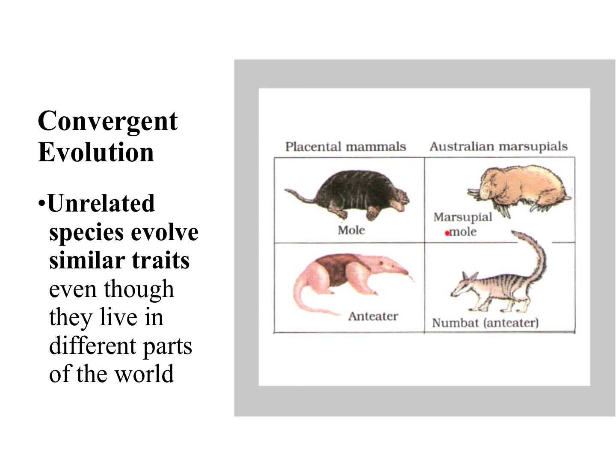So here we have the mole and then the marsupial mole. They have evolved in completely different parts of the world. They have a different evolutionary history. But if you look at them, do they still have some very similar traits of like the shape of their nose and their bodies and their feet? Okay. And below it is just like the anteater and the numbat. So again, very different evolutionary histories, but they look similar.